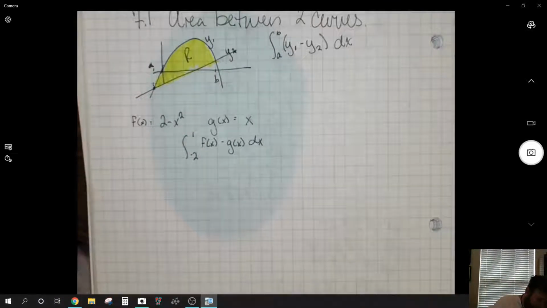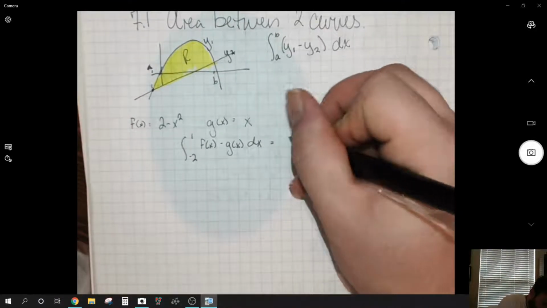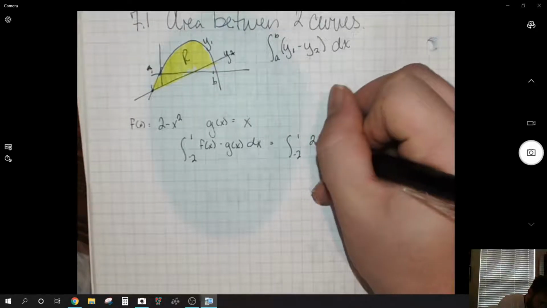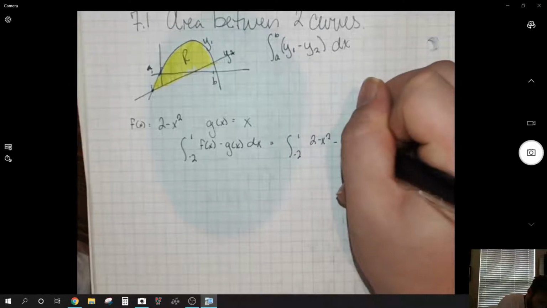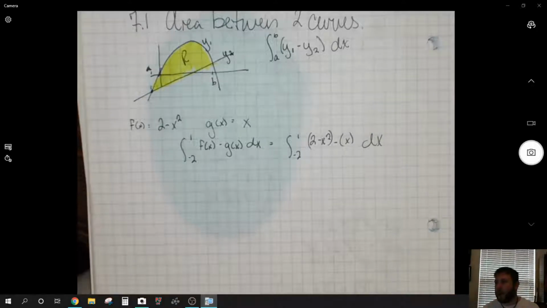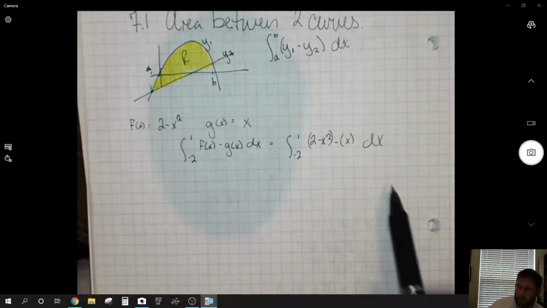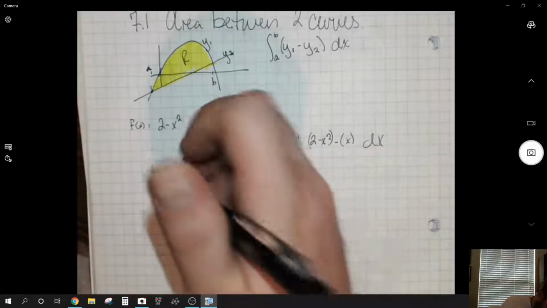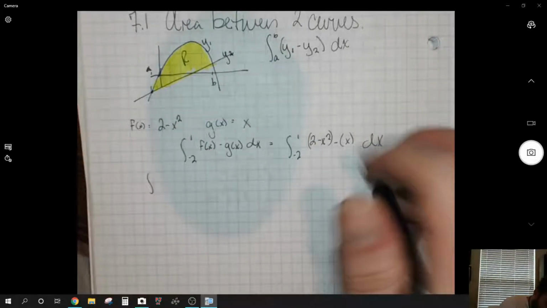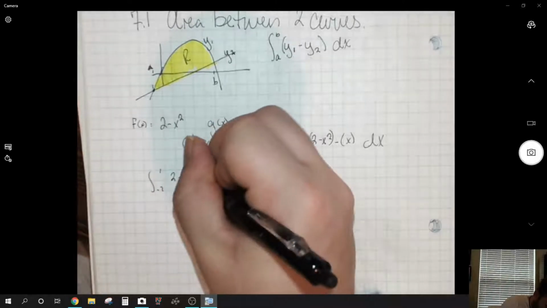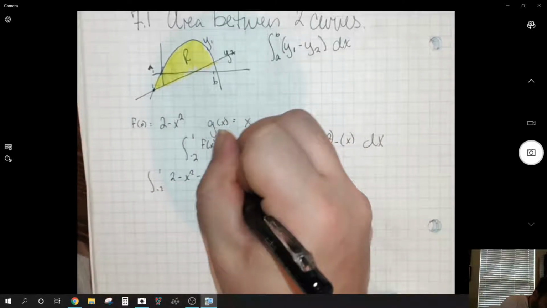Alright, so I am going to work this one out. I would highly recommend you put parentheses around both f and g, just so you don't forget to distribute the negative. In this case I don't really need to distribute. So the integral from negative 2 to 1 of 2 minus x squared minus x dx.